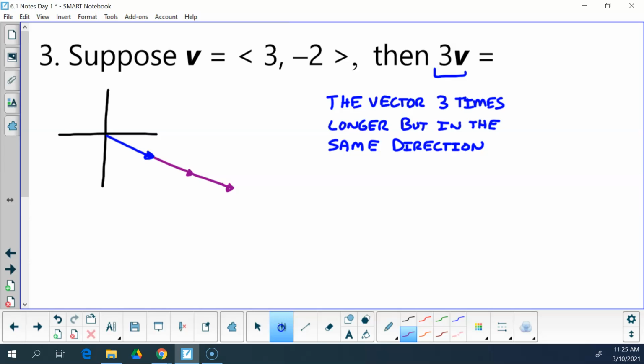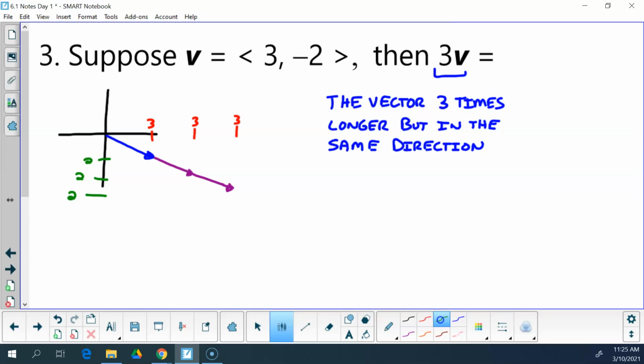So each time that we go on here, there's my horizontal component of 3. Well, then I went out 3 more, and then I went out 3 more. So all told, how far did I go out? I went out 9. And then vertically, I went down 2, and then 2 more, and then 2 more. So how far down did I go? 6.